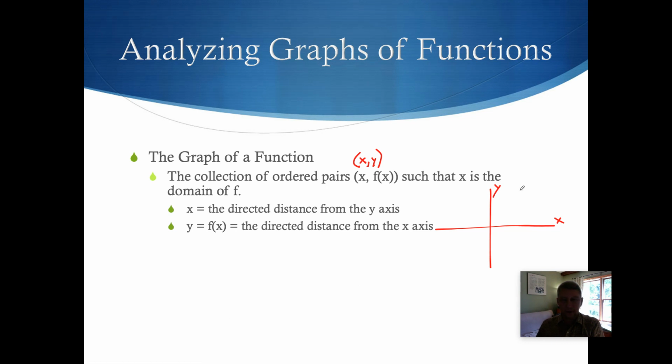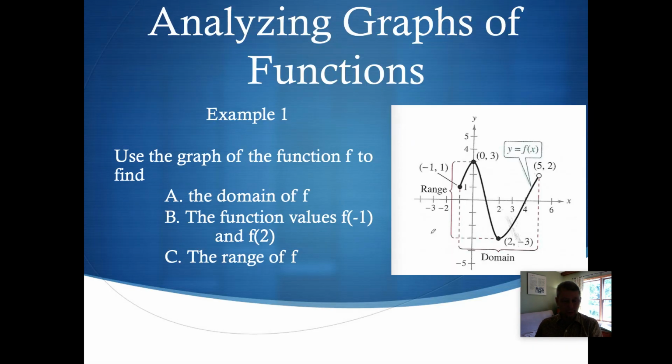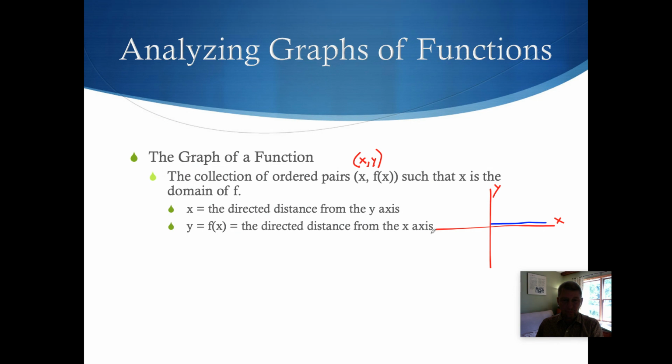So in other words, the value of x is how far I am from y. So y, 1, 2, 3, 4, 5, and so on. Okay, and y, whoopsie daisy, y or f of x is the distance from the x-axis.